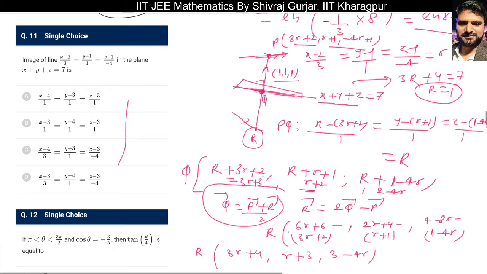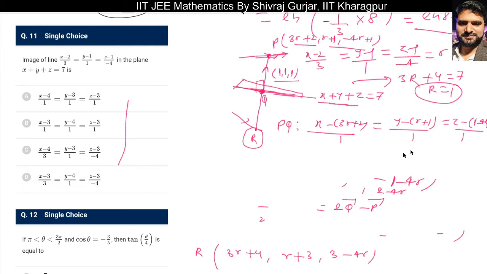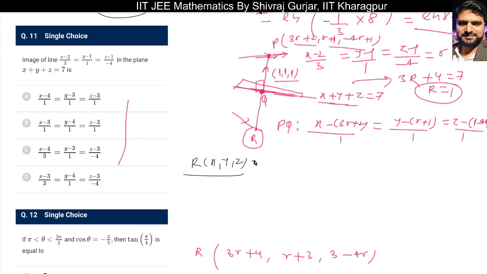Okay, so the coordinates of R are this. We are asked, जो locus of R क्या होगा? That is our answer. So locus of R means x equals 3r plus 4.